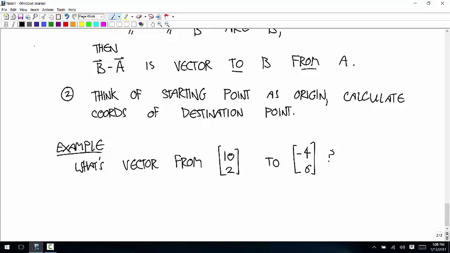We're already given the coordinates of those points, so we're just going to take the destination point minus the starting point. So negative 4, 6, minus 10, 2, and you get negative 14, 4.